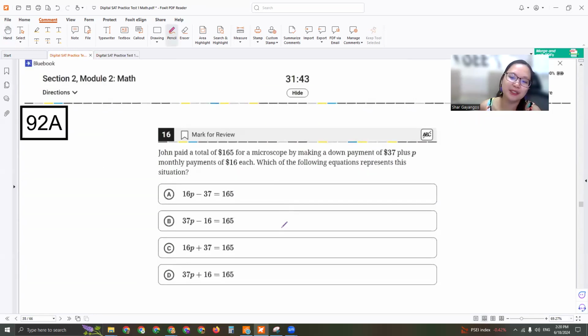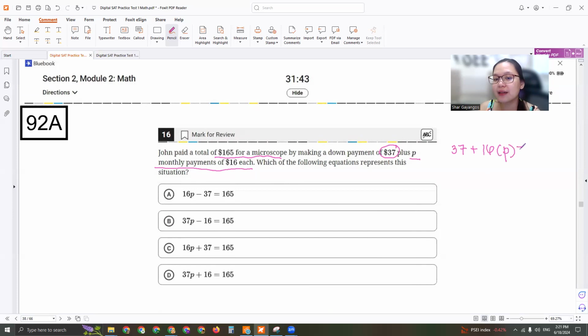92. Okay, what do we have? So John paid a total of 165 for a microscope by making a down payment of 37 plus P monthly payments of $16 each, right? So meaning John already paid $37 and then we have to pay $16 every month for P months.